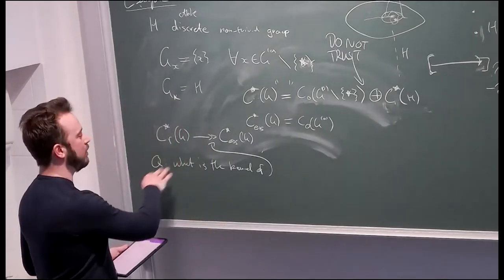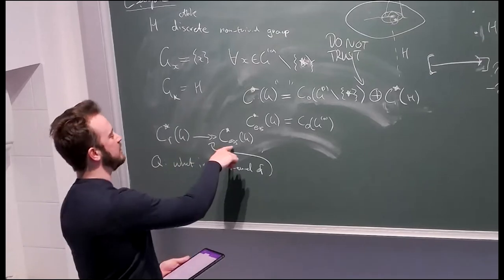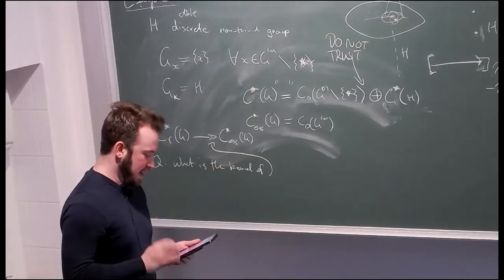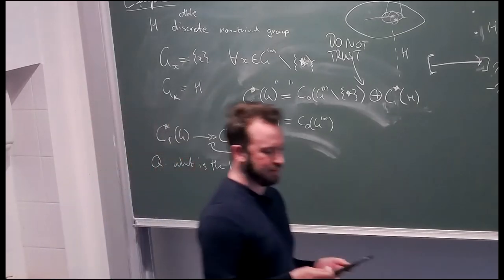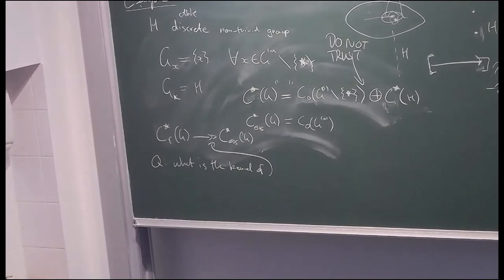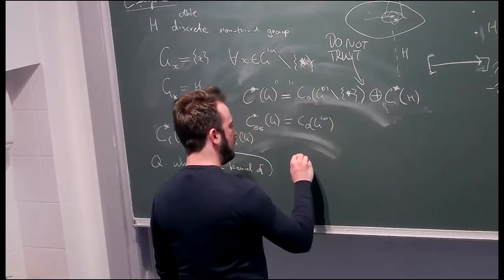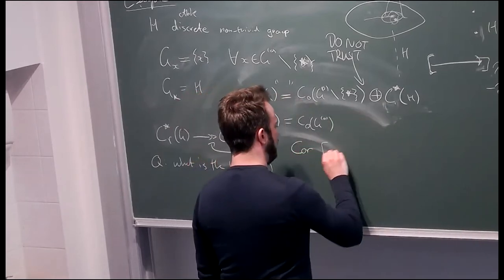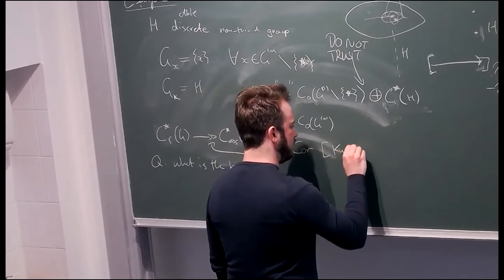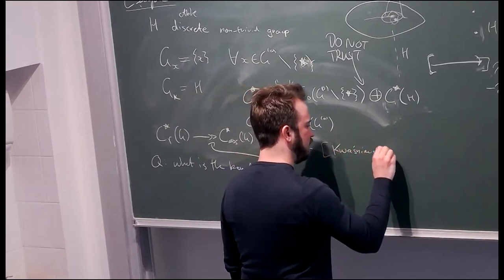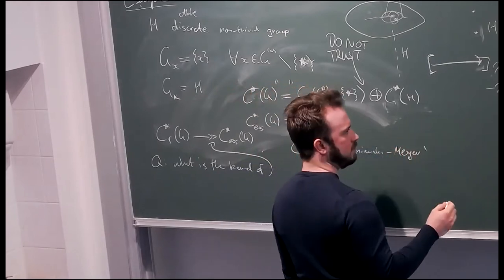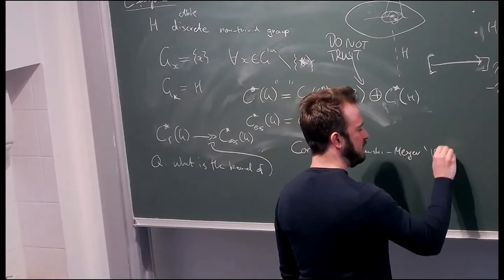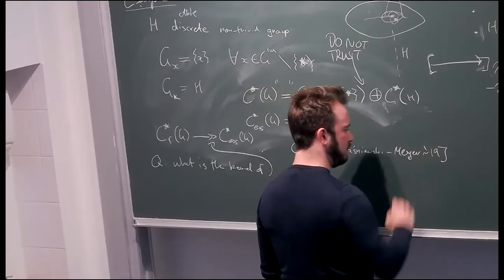So the question might be, what is the kernel of this map? When do you have something that vanishes in the essential groupoid C-star algebra? Thanks to a couple of results pieced together from Ralph and Bartosz, you get a corollary of Kwasniewski and Meyer, I want to say in 2019, roughly.